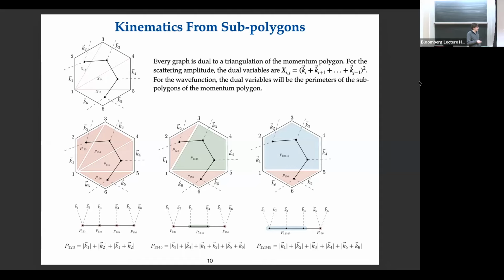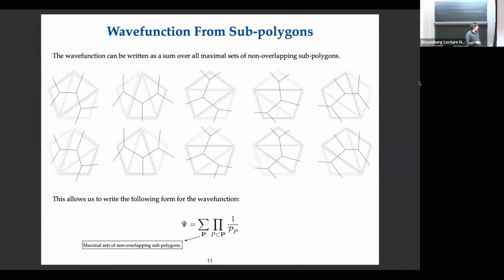And here for the square, you have this 4-point process, and the pentagon will give you this 5-point process. And this allows us to generalize the Russian doll rule for the full wave function. Instead of saying maximal sets of tubings, you can consider all maximal sets of non-overlapping subpolygons.